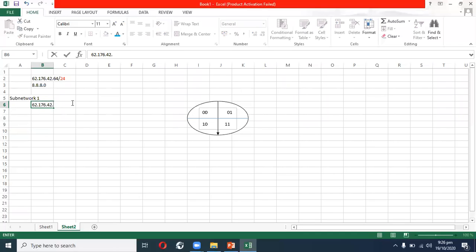Now we will play with our formula: 128, 64, 32, 16, 8, 4, 2, 1.